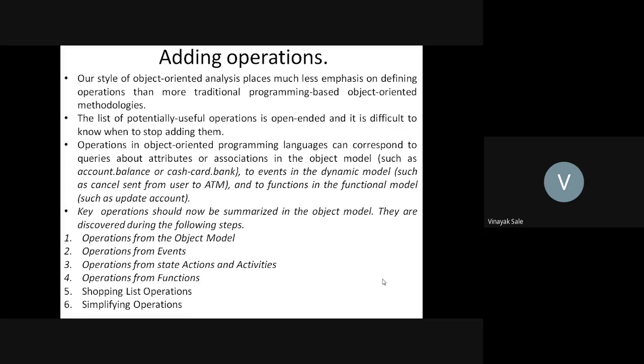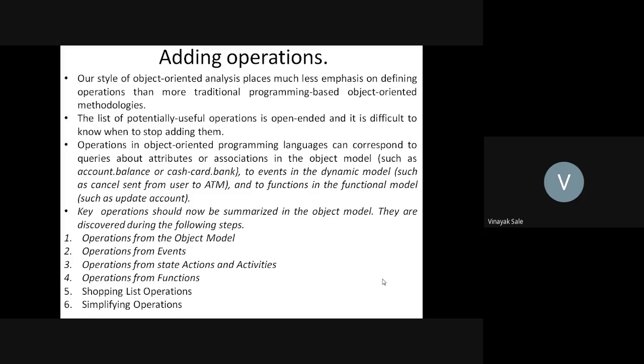Operations in object-oriented programming languages can correspond to queries about attributes or associations in the object model, such as account.balance or cashcard.bank, to events in the dynamic models, such as cancel sent from user to ATM, and to the functions in functional models, such as update the account.